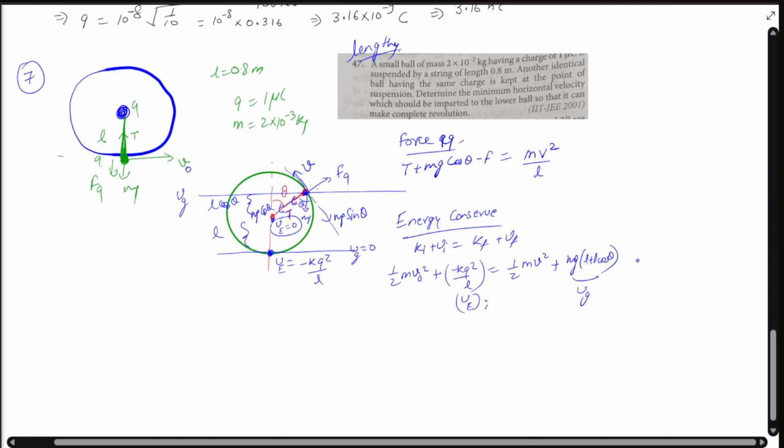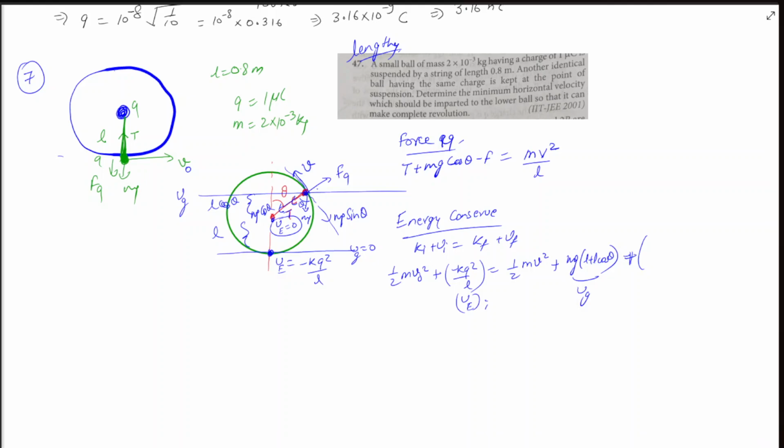If this is 0, then here the potential will be minus kq square by L. In the direction of electric field, potential energy decreases, so the electric field will be in this direction and potential energy will decrease. So minus kq square. Perfect, this will get cancelled out.